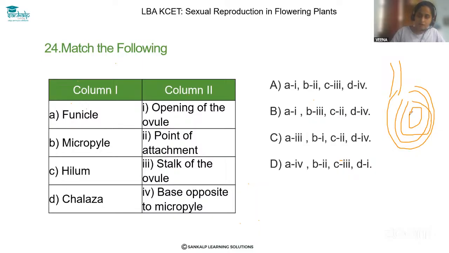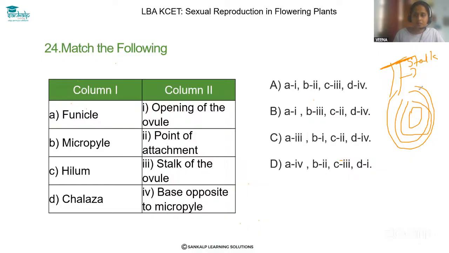See, already we discussed the funicle is a stalk like structure, right? So funicle is a stalk like structure which attaches to the placenta. So for the funicle, the third answer is correct, that is stalk of the ovule.